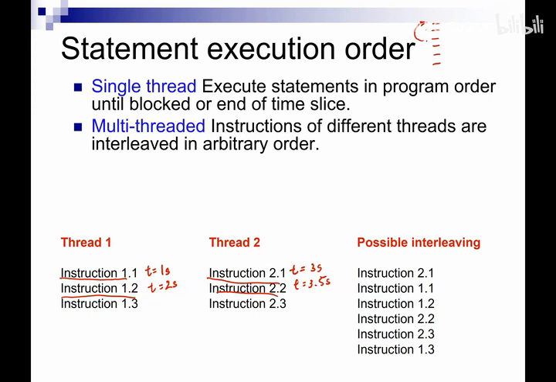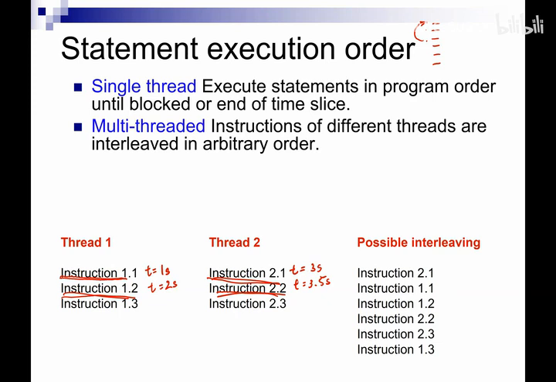In that case, we would do this one first, then that one, then this one, and then this one. But in any case, there's some sort of actual interleaving which happens when you execute these 2 threads together. This is one possible interleaving, and there are many other possible interleavings.